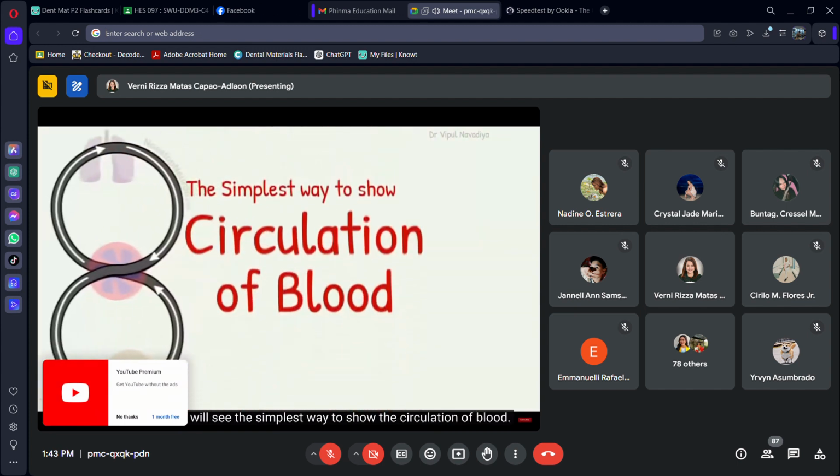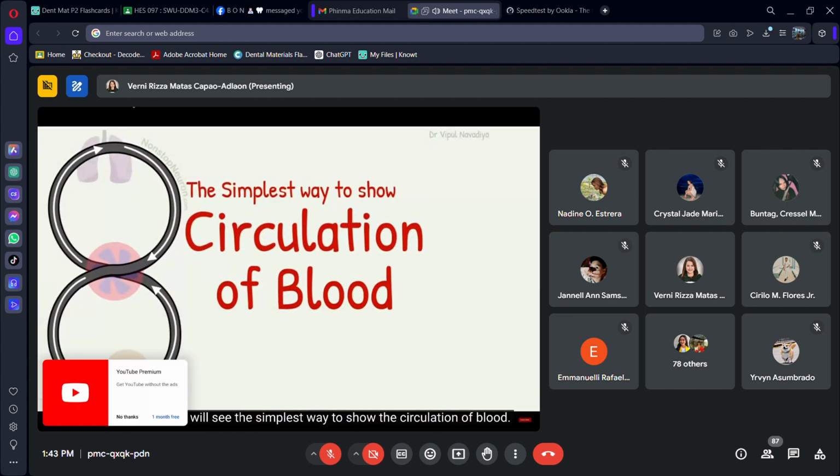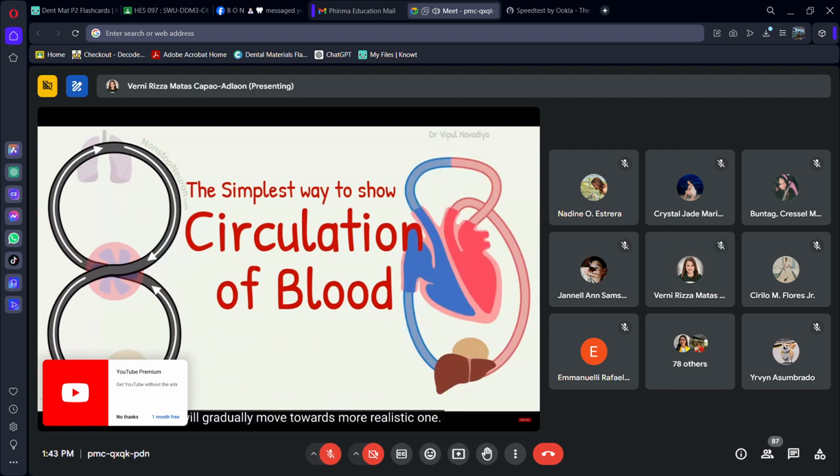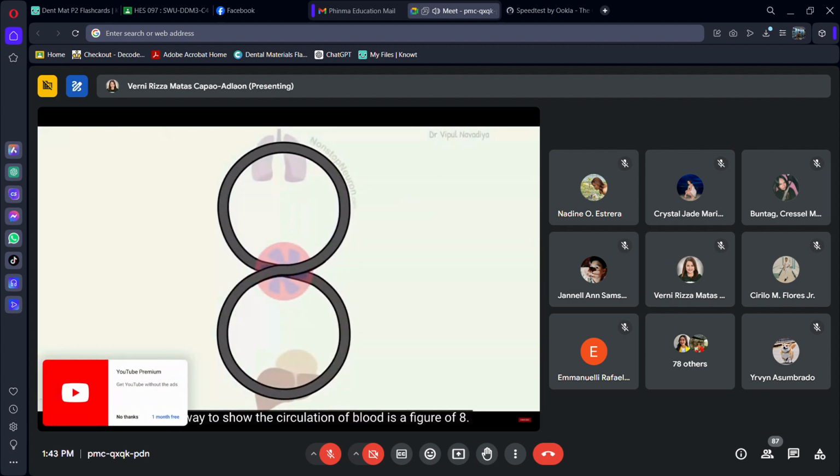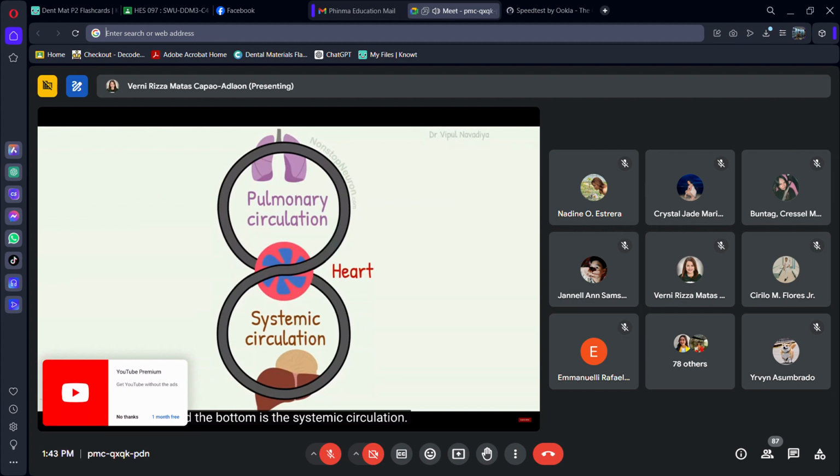Hello. In this video, we will see the simplest way to show the circulation of blood, and we will gradually move towards a more realistic one. Let's get started. The simplest way to show the circulation of blood is a figure of 8. The heart is at the crossing of two lines in the middle. The upper loop is pulmonary circulation and the bottom is systemic circulation. The blood circulates in the shape of 8.